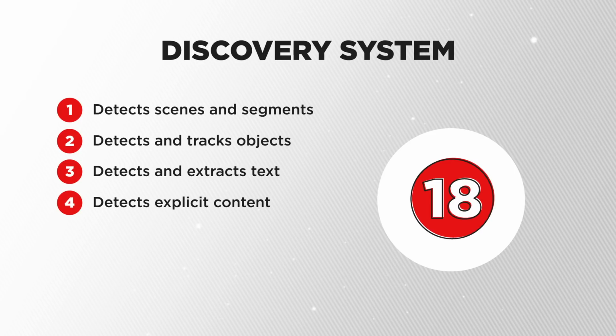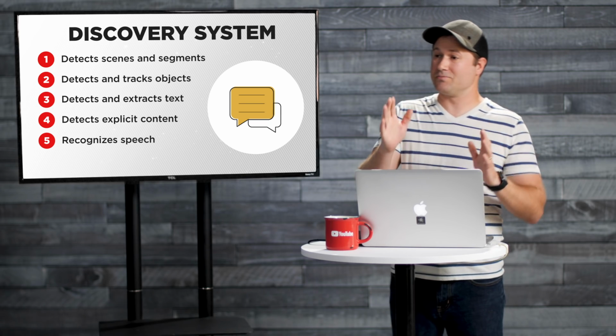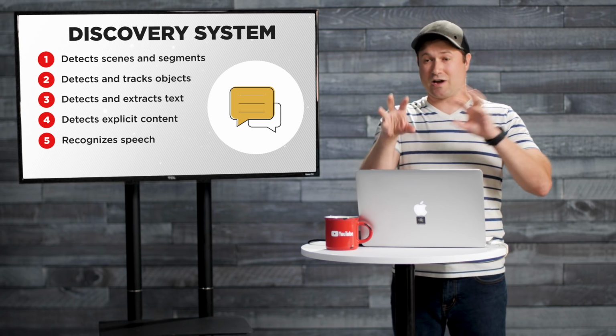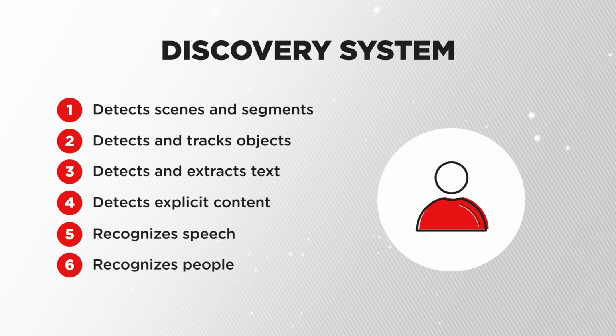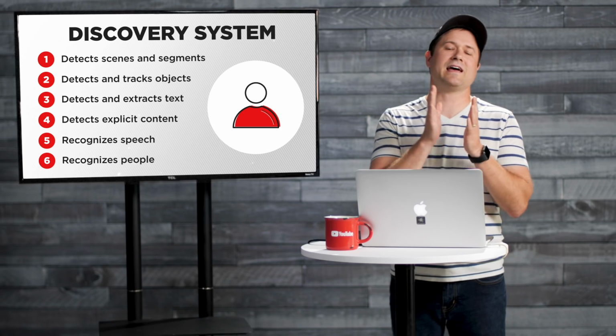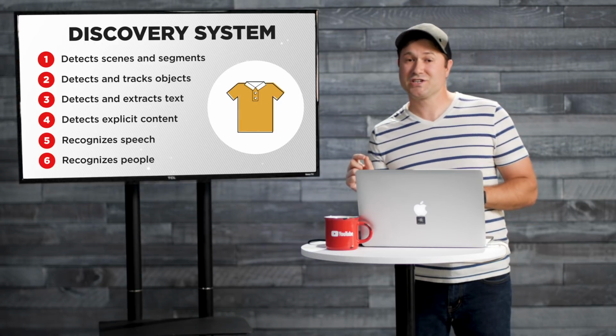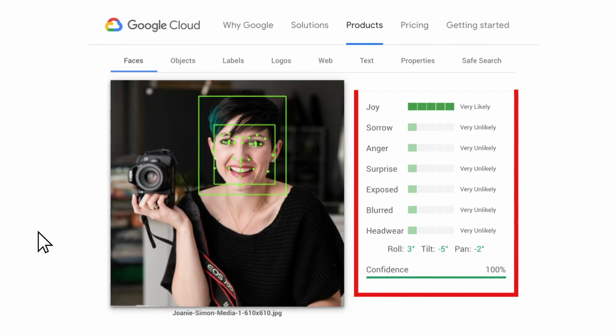They can recognize speech, like this is person A, person B, and person C, and they can extrapolate each person's audio and say that this person's talking. They can recognize different people in there, whether it be celebrities or different faces, we can see that this must be Tim in this image. They can even identify someone's fashion that they're wearing. It goes really in depth. They can see the emotional expression on someone's face.